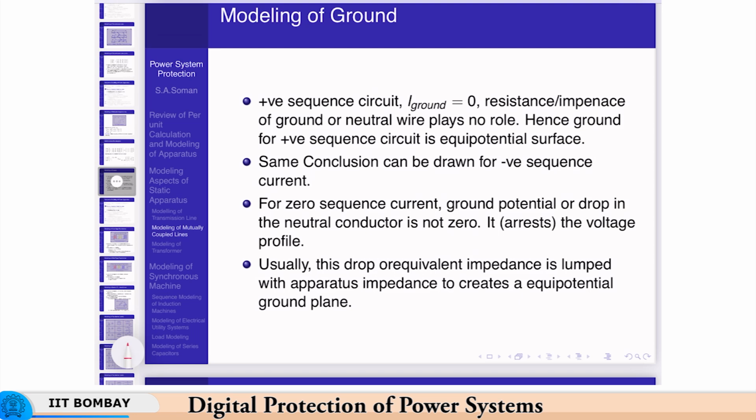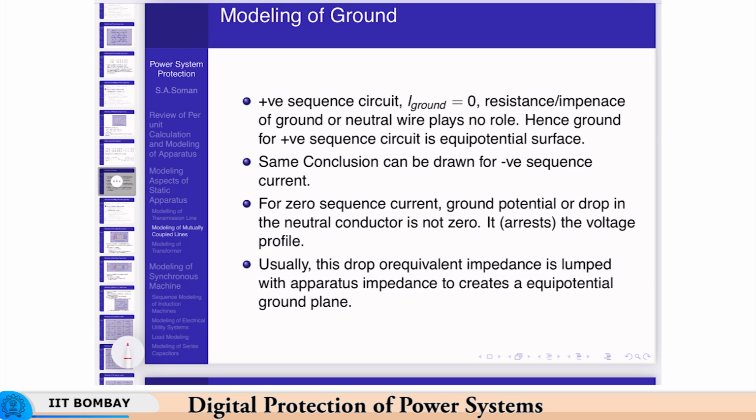So, one more aspect that has to be noted is that for positive and negative sequence, as we mentioned earlier, the current flowing through the ground is 0. So, the ground can be considered as a true zero potential surface. There is no voltage drop associated there, but the same cannot be considered for the zero sequence circuits.